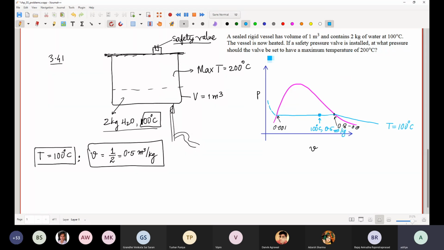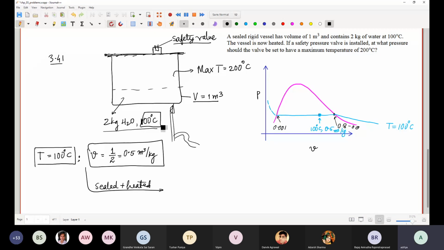Now, what happens when you actually seal everything? The process is sealed plus heated. When you seal something, mass is not going to escape, and the volume is not going to change because it's a rigid vessel.